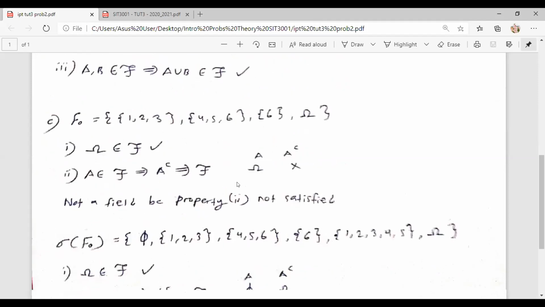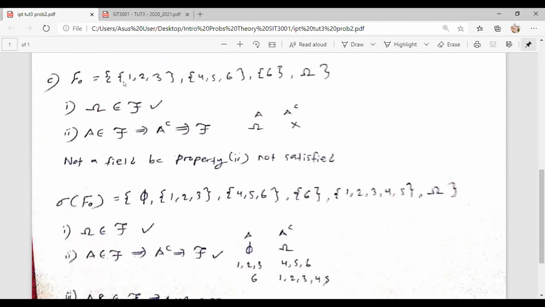For C, F naught is {1, 2, 3}, {6}, and omega. The first condition is fulfilled, but the second is not: for omega, it doesn't have the empty set, and for {6}, it doesn't have {1, 2, 3, 4, 5}. So it's not a field because property 2 is not satisfied.